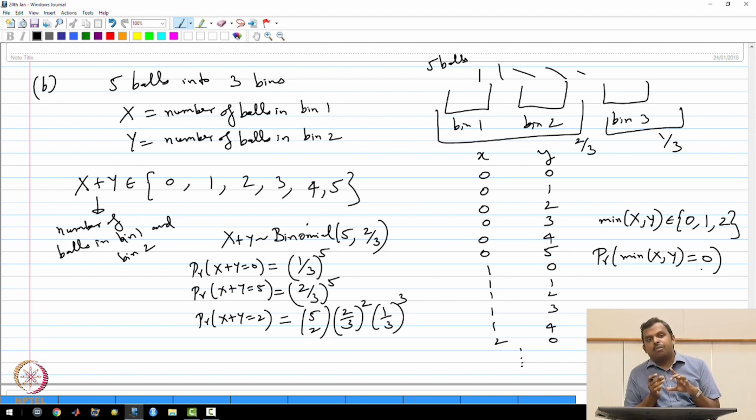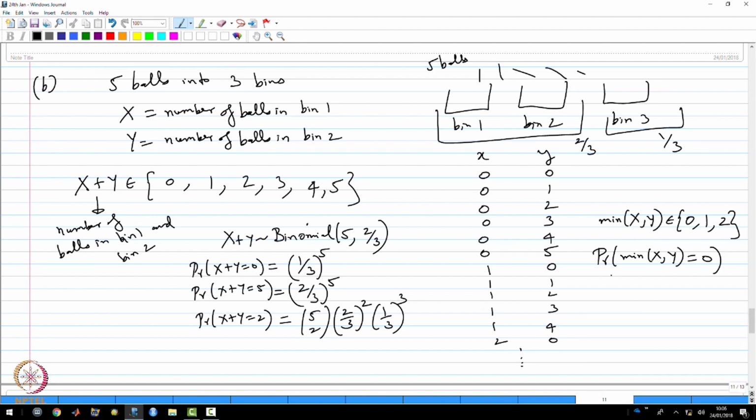Then I have to subtract the case in which both of them were 0, so that I get the count of min of x, y being 0. So this would be the probability of x equals 0 plus the probability that y equals 0, but there's a case in which both of these could have happened, so I have to subtract the case where x is 0 and y is 0.